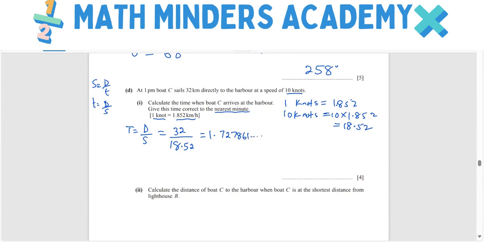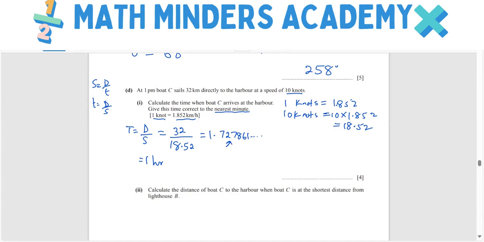Now this is going to give us 1.727861 and some other digits, so that is 1.727861 hours. How do we convert this decimal part to minutes?